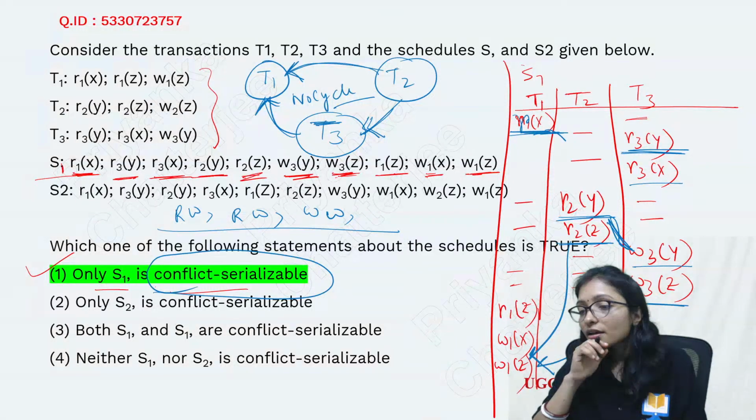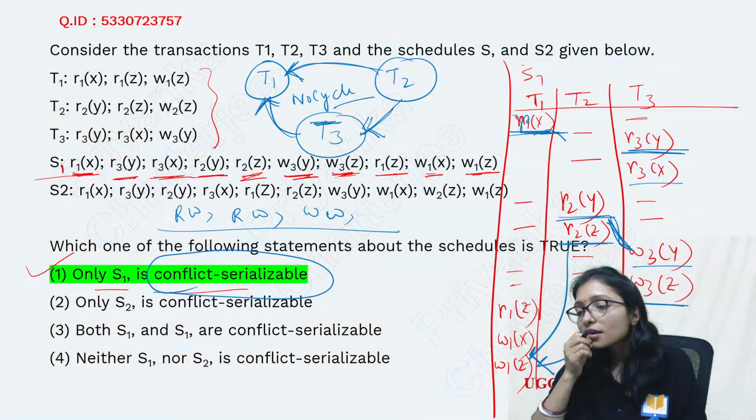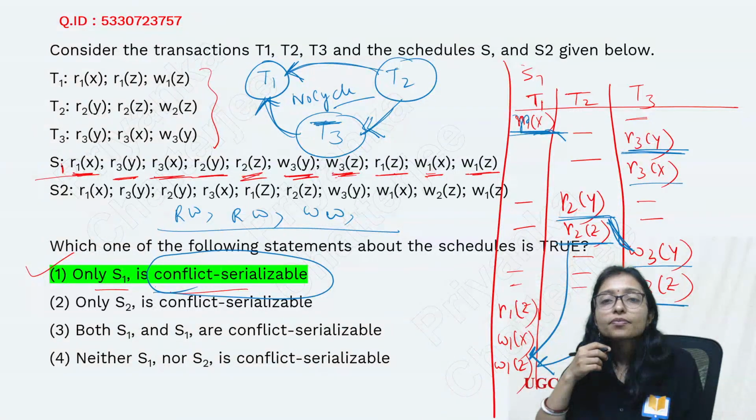Before R2Y in T3. In S1, W1X is there, ma'am. That we did, right? W1X.